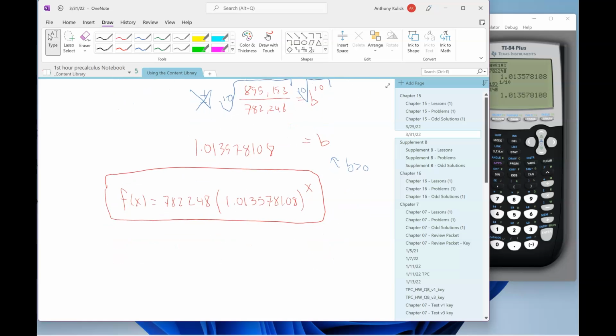So which part is representing the population? Well, so we have an output or an input, right? Where's the 1 million going to go? Is that the output or the input for our exponential function?